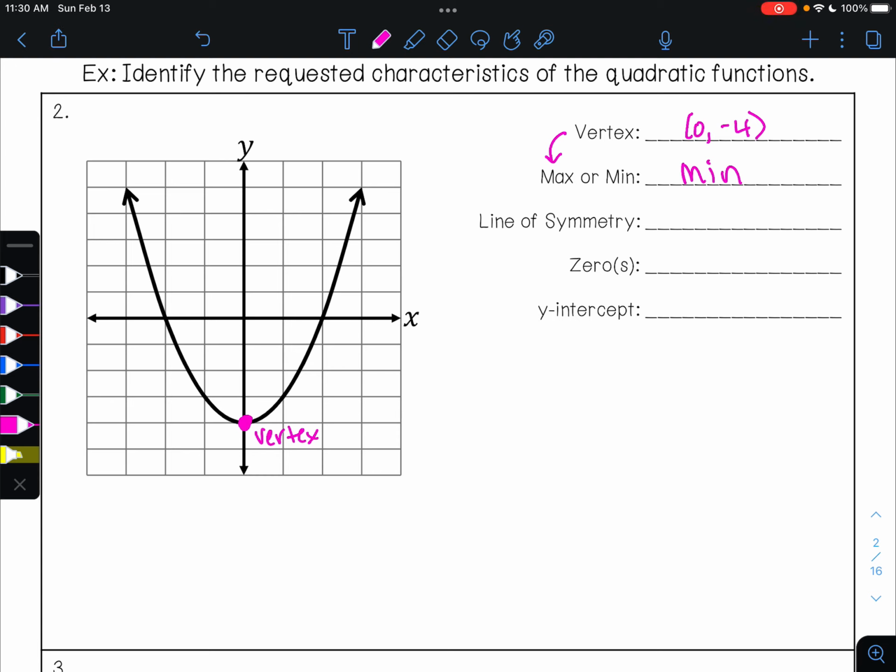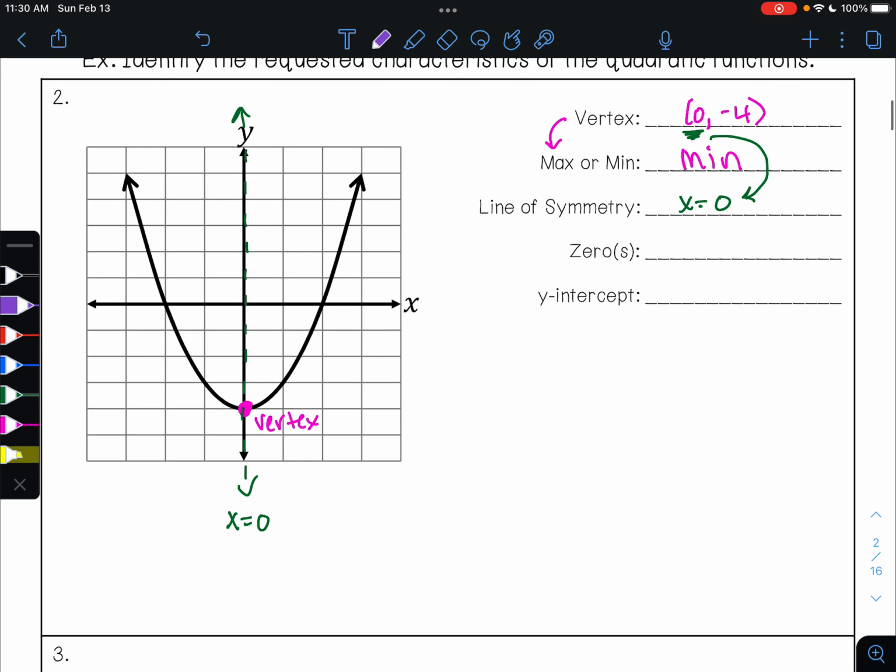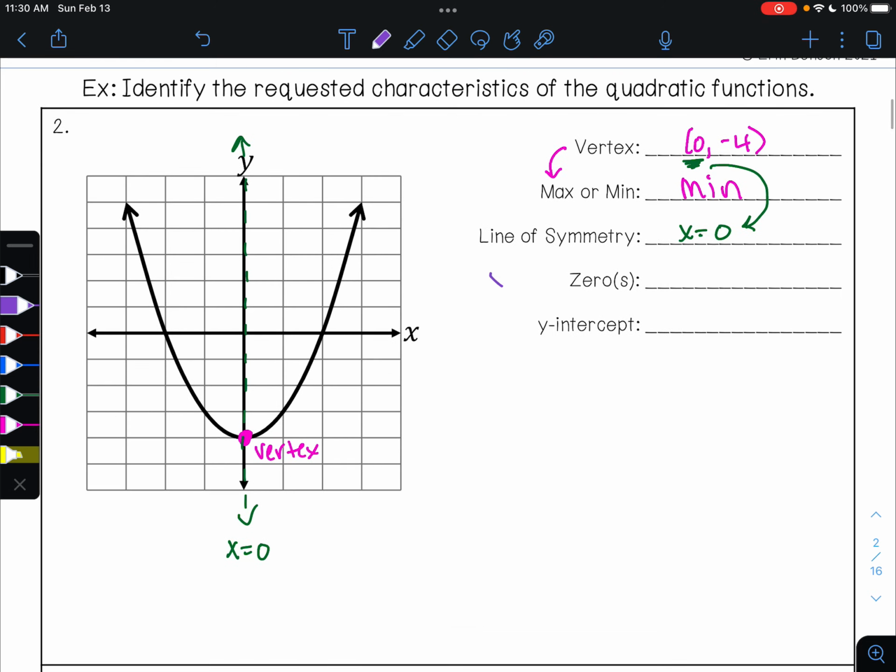Your line of symmetry is a line that cuts the graph in half and it goes straight through the vertex. So this is the equation x equals 0. Your equation will always be x equals a number, and the number will always be the x-coordinate of your vertex. Your zeros are the same thing as x-intercepts, and that's where your graph crosses your x-axis.